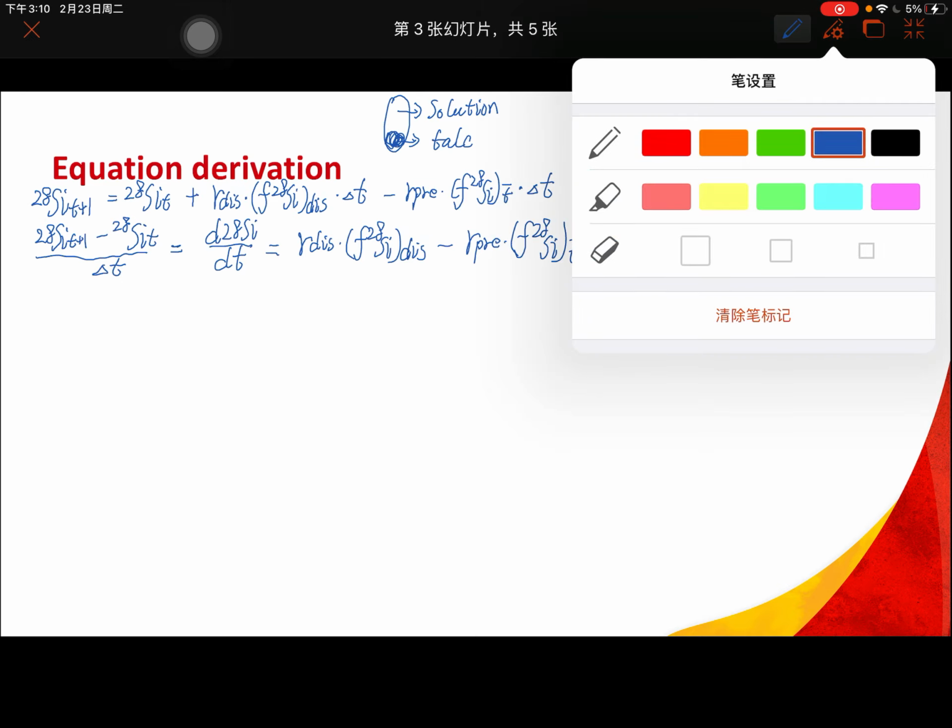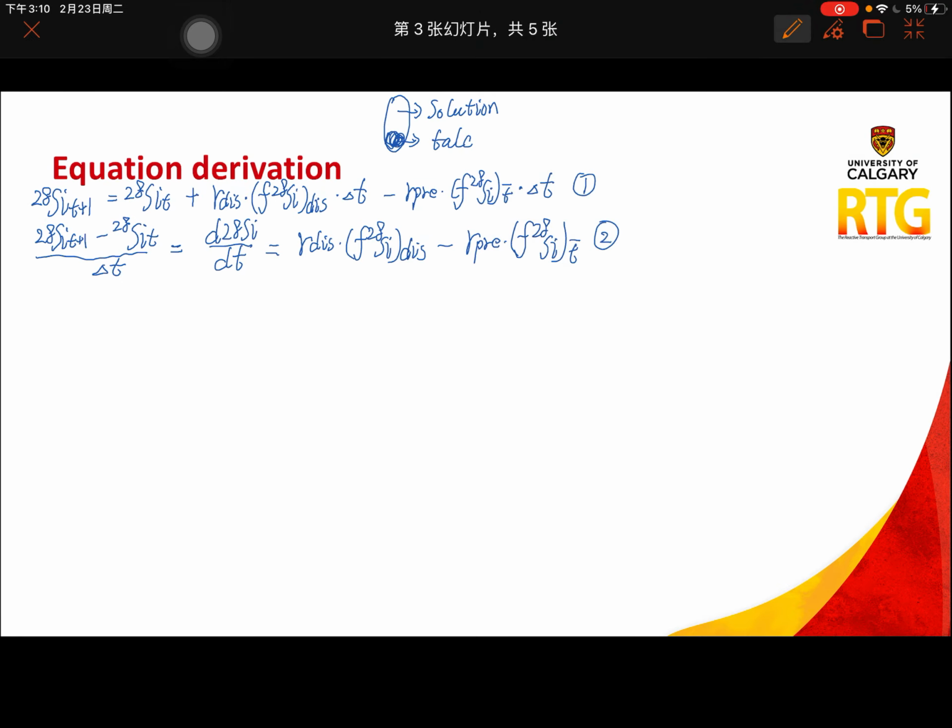Using the same process, we can get that 29 silicate at t plus 1 minus the 29 silicate at time t over delta t equals d29 silicate over dt equals the rate of dissolution of 29 minus the precipitation of 29.